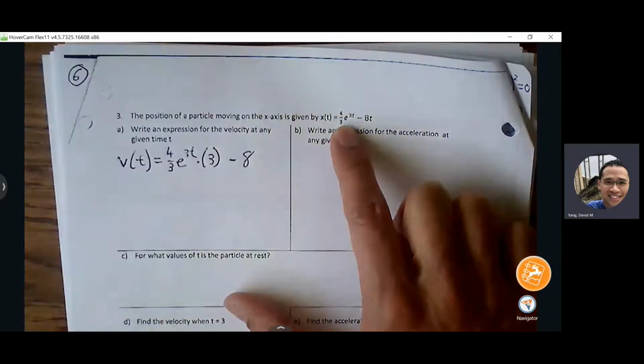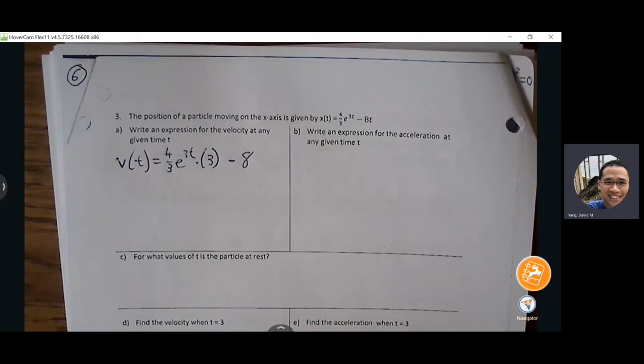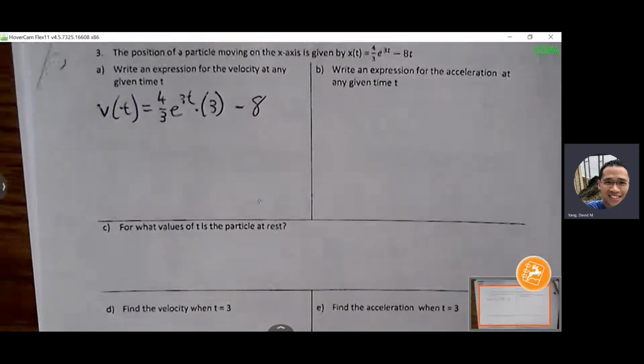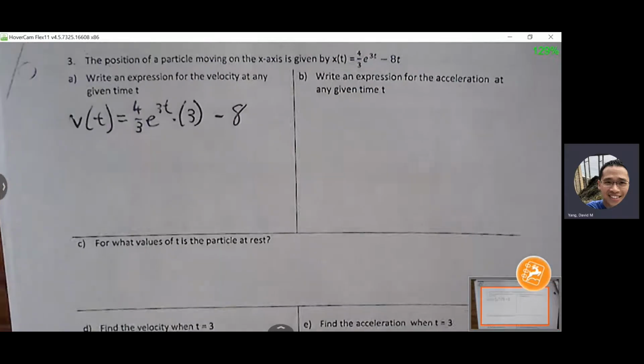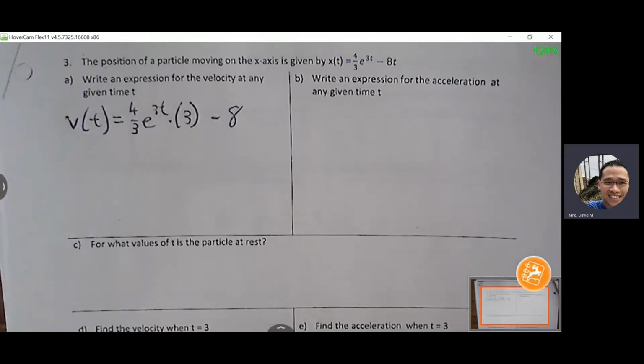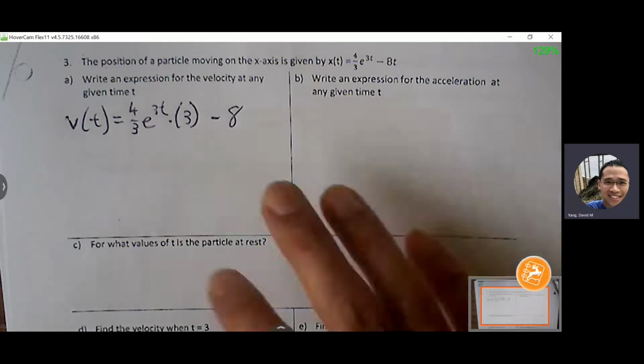And then 8t becomes just 8. Do a little bit of cleanup. The 3's can be taken out.